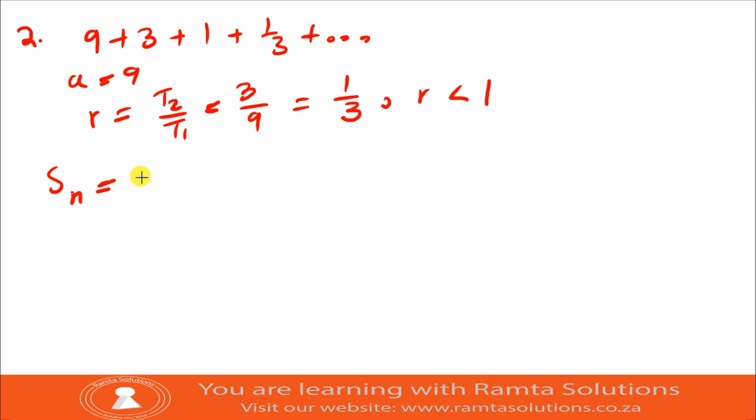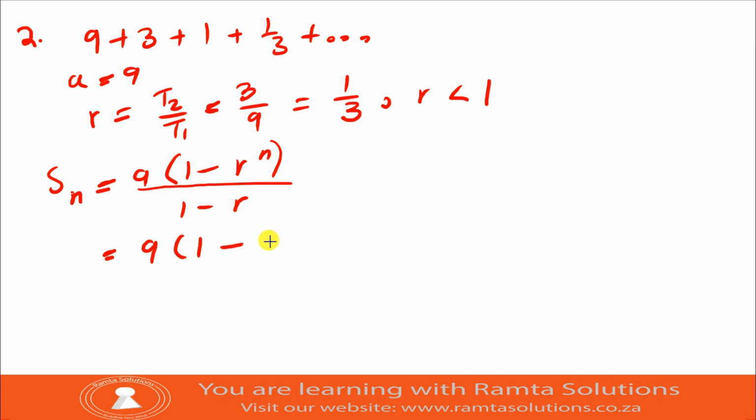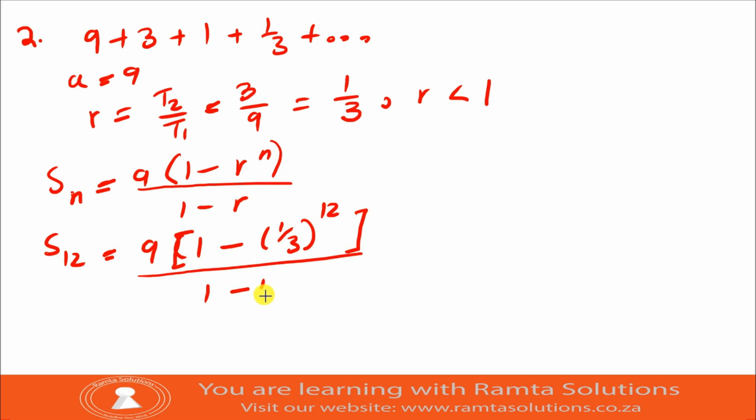So we're going to say Sn equals A into 1 minus R to the n all over 1 minus R, which is 9 into 1 minus 1 over 3 to the 12, by the way I should say S of 12, all over 1 minus 1 over 3.